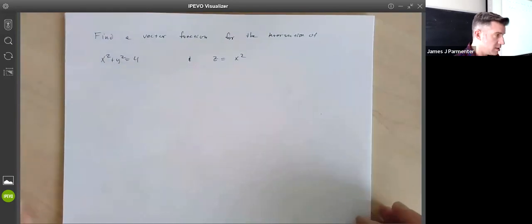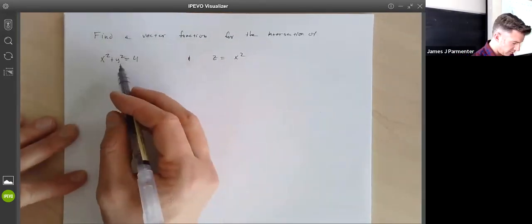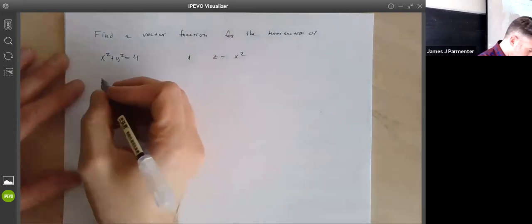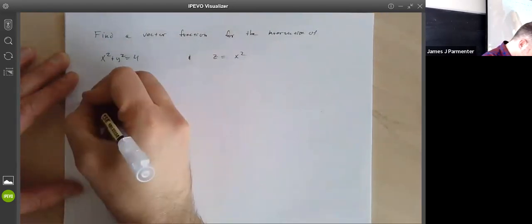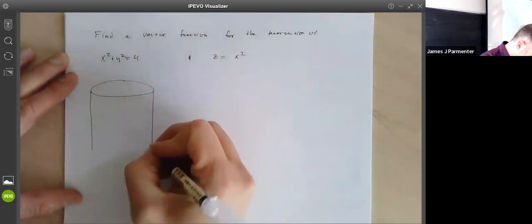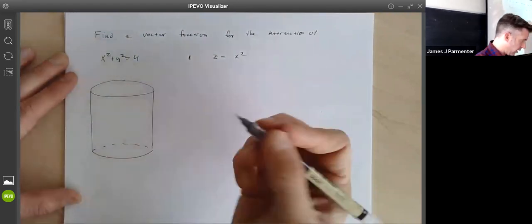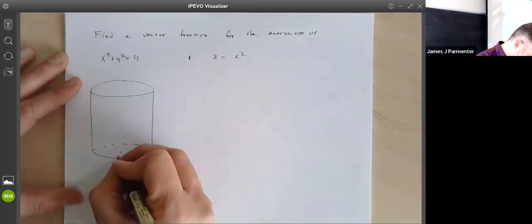In 3 dimensions, x squared plus y squared equal to 4 is a cylinder. It's a circle where you have no restriction on the z value. I could draw a coordinate system here.